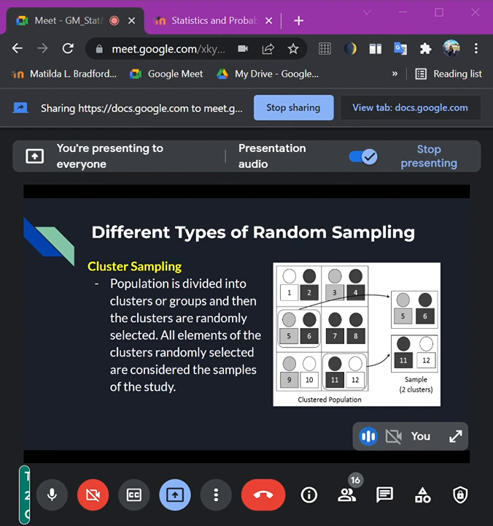The difference between stratified and cluster is that stratified has a basis, so you know the outcome. In cluster, we don't know if we will pick a girl or a boy. Okay? So that is for cluster sampling. Questions, class, so far?